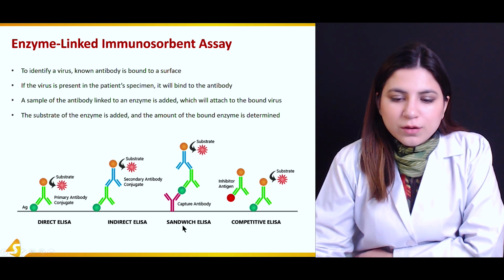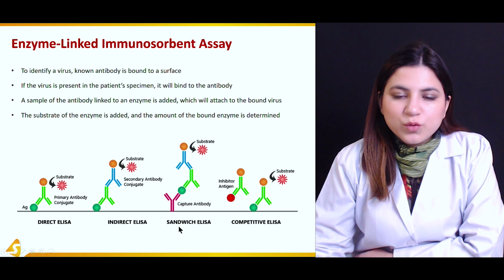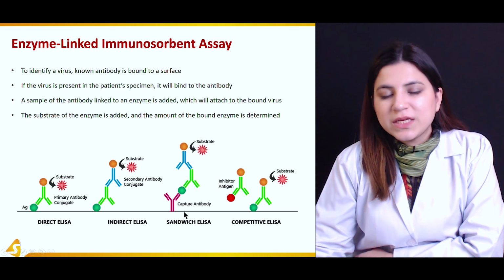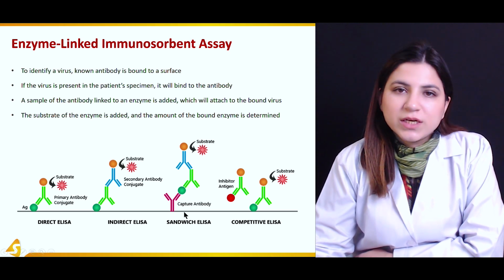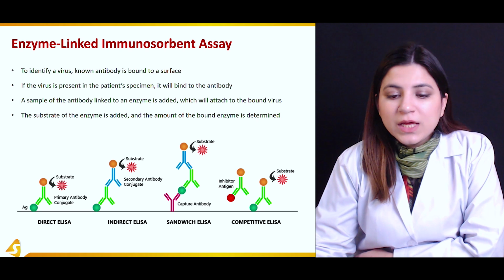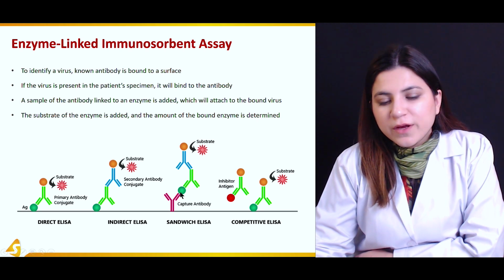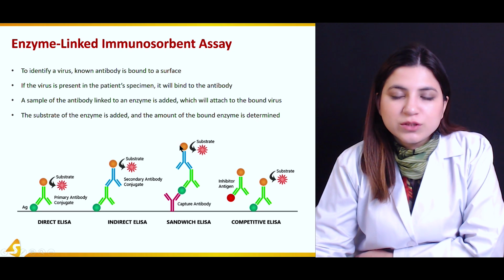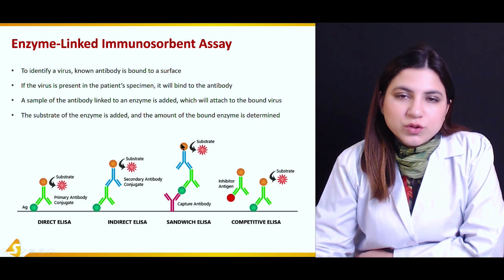The phenomenon is again the same. The principle is the same. That is, the antibody has to bind to the antigen, the known virus that we need to identify. Then there is another antibody which is not directly bound to the enzyme, but rather binds or complements another antibody which is bound to the enzyme.